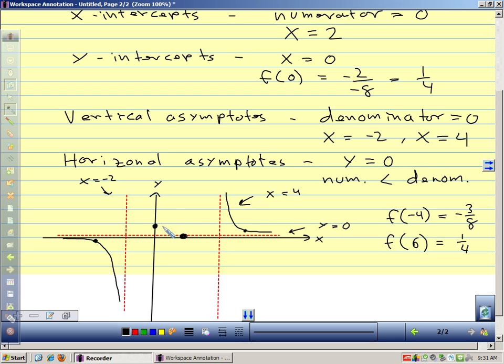Now let's look between our asymptotes. If we plug in f of -1 over here, and we calculate that out, f of -1 is going to be 3/5. So here at x equals -1, I'm up here at 3/5.